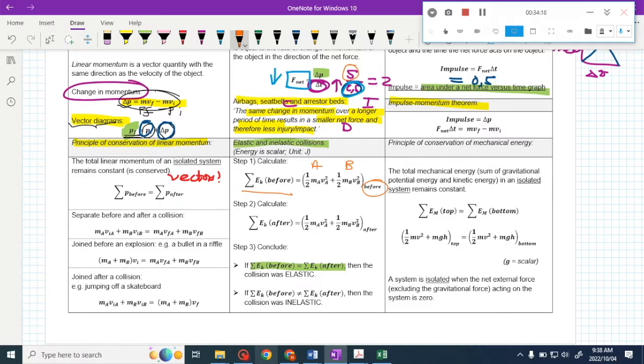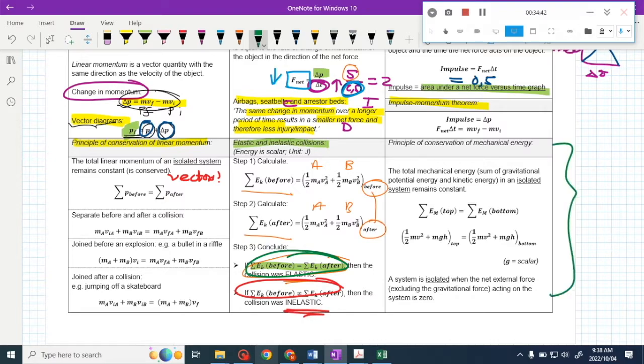Then you calculate the kinetic energy after, so the kinetic energy of objects A plus B after the collision. You see, are they equal? If they are, you say they are equal, therefore it's elastic. If they're not equal, you say they are not equal, therefore it's inelastic. But you do not start off with this statement, please. That is the wrong statement to begin with. We happy?